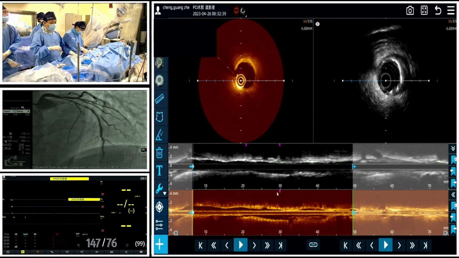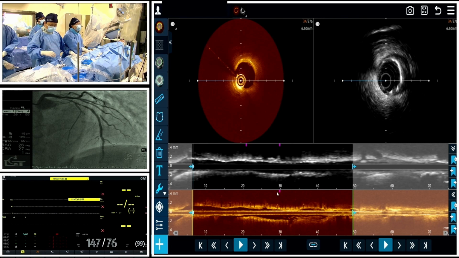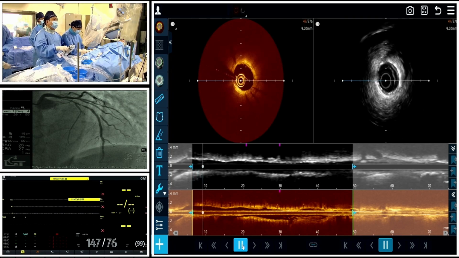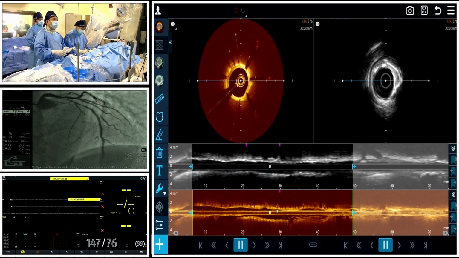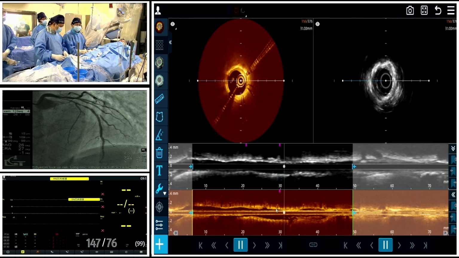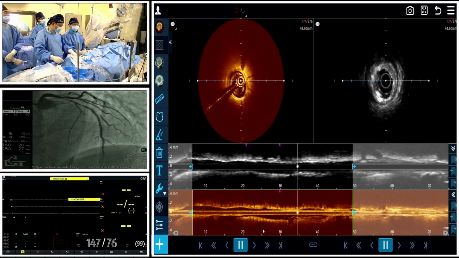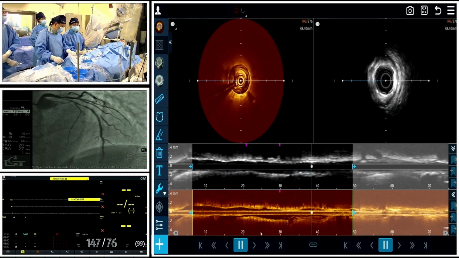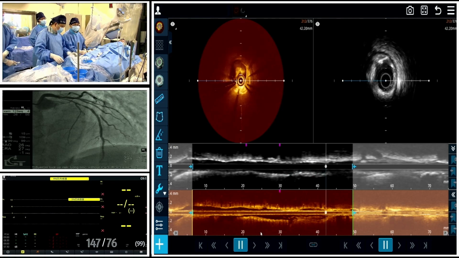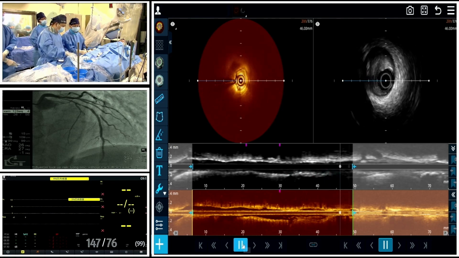Here, after identifying the reference vessel segment, we assessed the MSA in LAD is 5.11 square millimeters. Distal, less than 2 millimeters distance, had no over 16-degree dissection. So we know the previous stent had got optimization results.